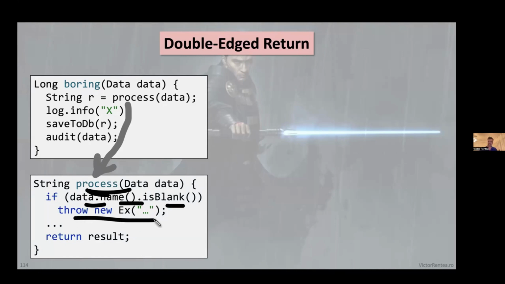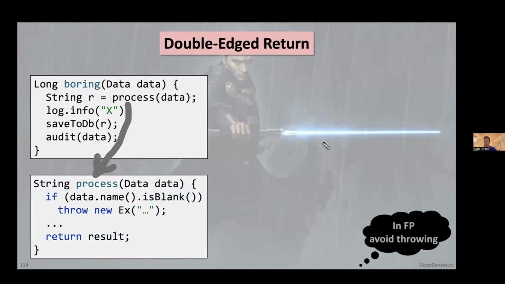Boring. Yeah, not fun. But then one of your colleagues reads in one dark evening an anarchic article in which he reads about monads and about functional programming that should not throw exceptions. That in functional programming, you shall not throw. And without discussing with anyone else, they start refactoring the code.